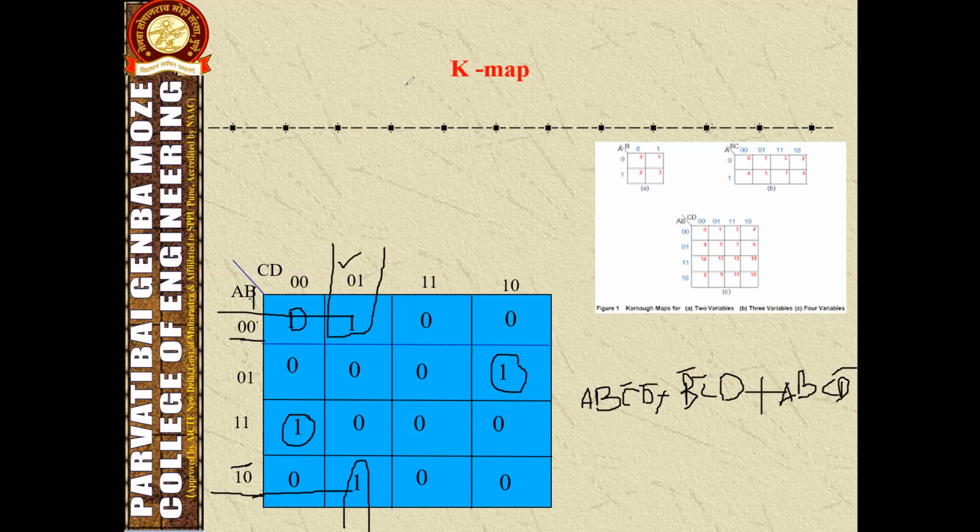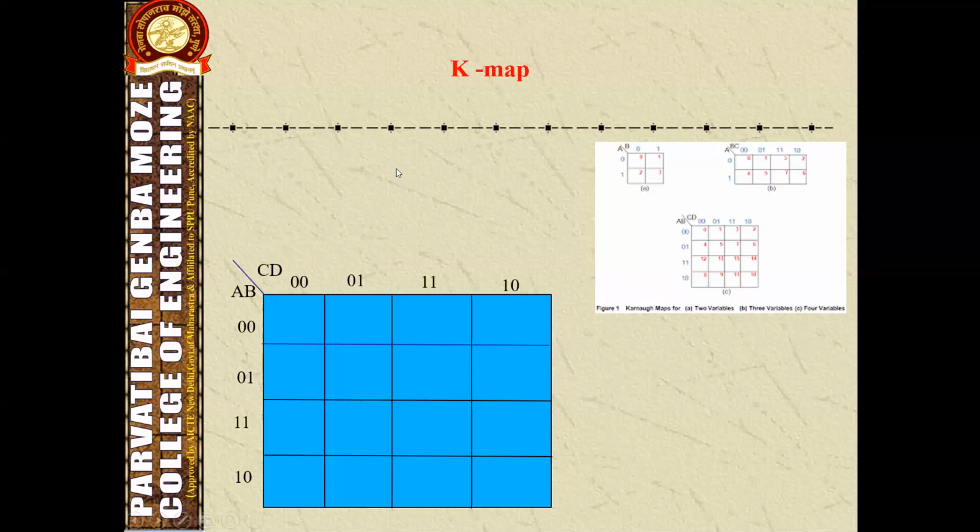So let's see another example. Let's see another expression. Here we are assuming the expression is not given; they have given a K-map. So using this K-map, we have to construct the expression for it.